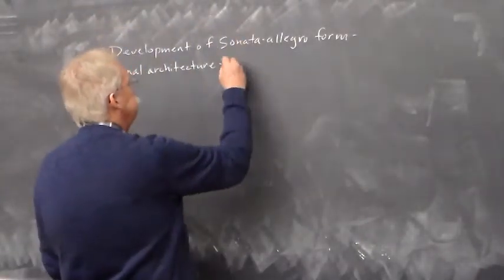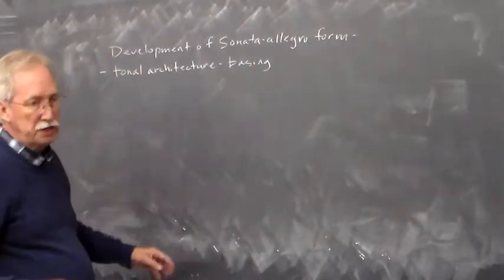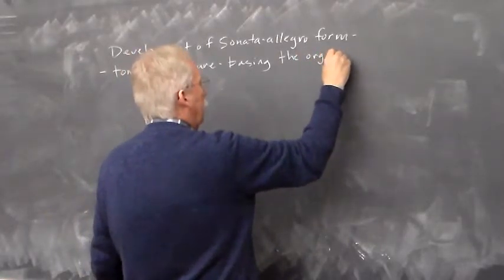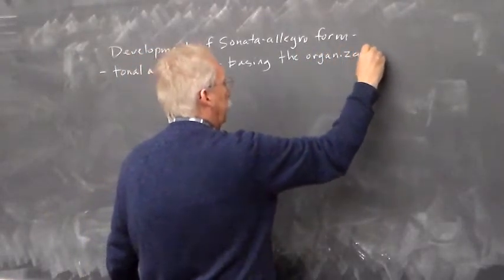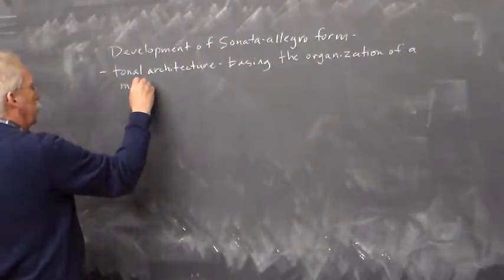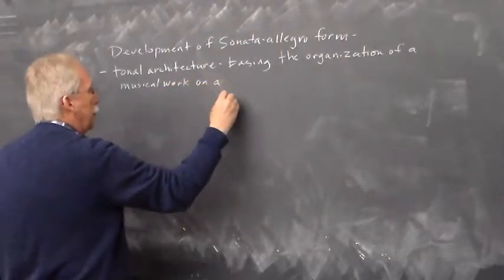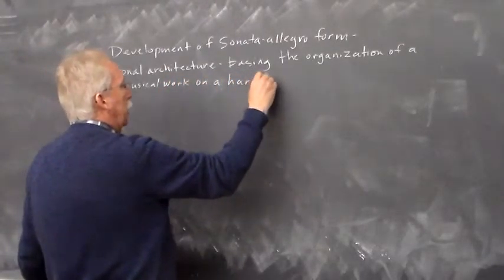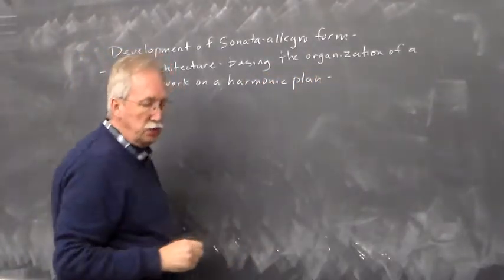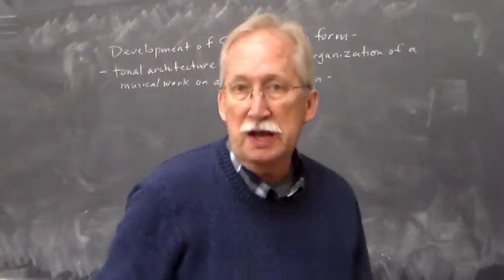So, let's put here, tonal architecture is basing the organization of a musical work on a basic harmonic plan. So one of the most basic is tonic, dominant, tonic.